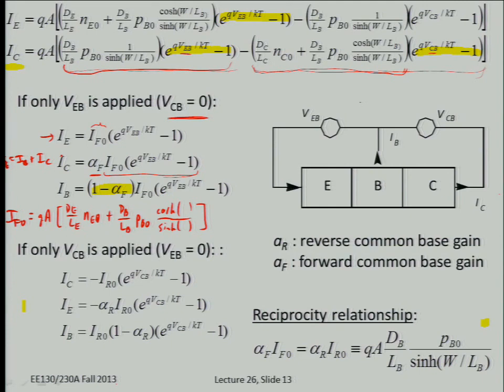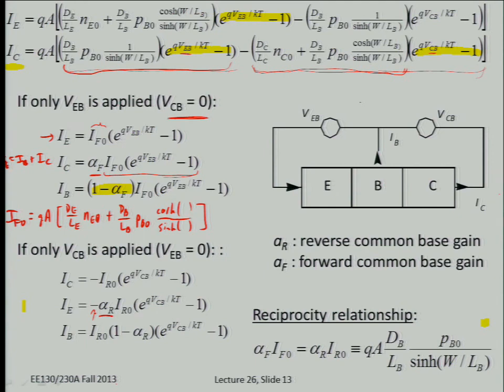A fraction of the minority carriers injected by the collector junction can be collected by the emitter to show up as emitter current. The holes going out to the left are negative current, so that's why you have this minus sign here. And IC and IB have to sum up to IE, so whatever current is not collected by the emitter shows up at the base.